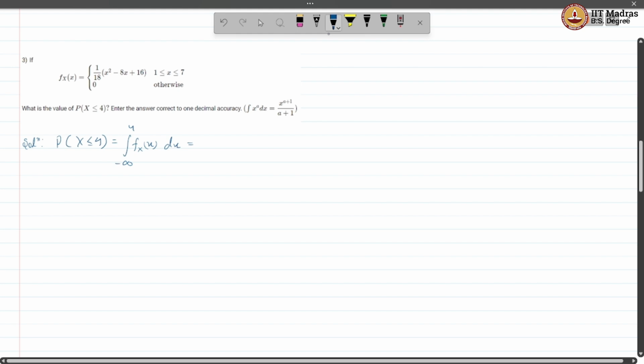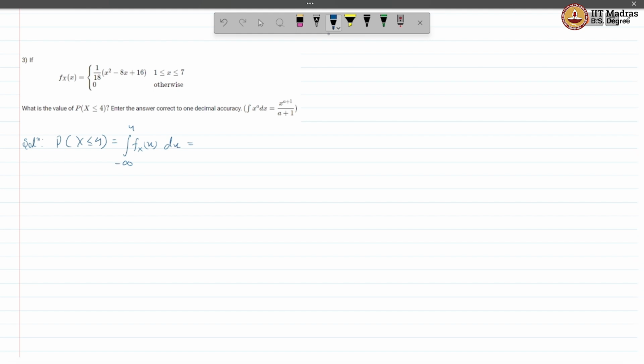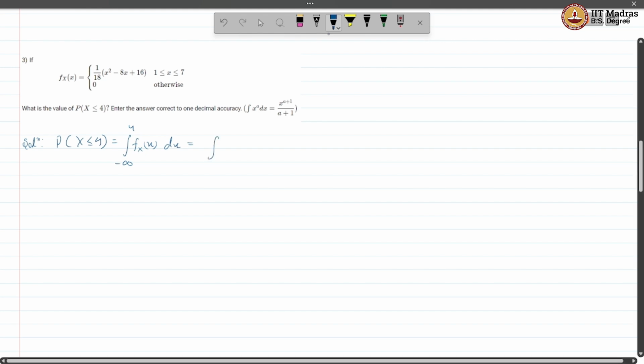and the integration can be split into two parts as the defined PDF is piecewise. So this will be equal to integration of the given PDF with respect to x from minus infinity to 1 plus integration of the given PDF from 1 to 4.